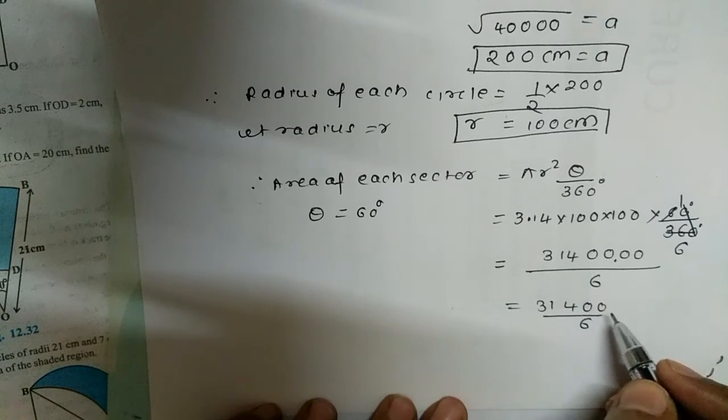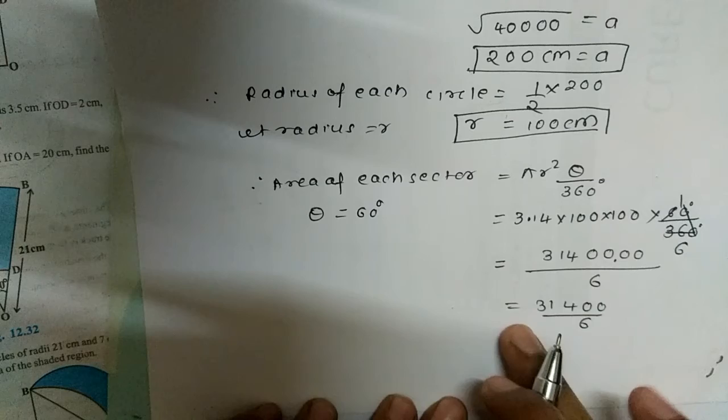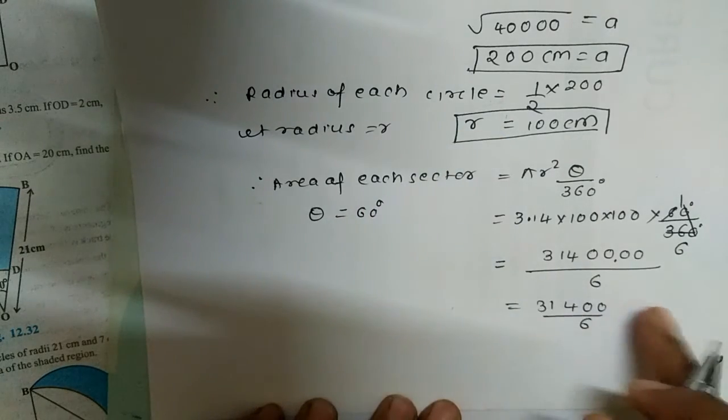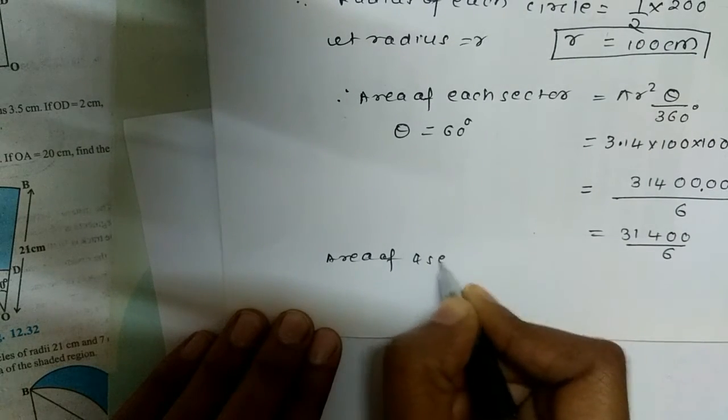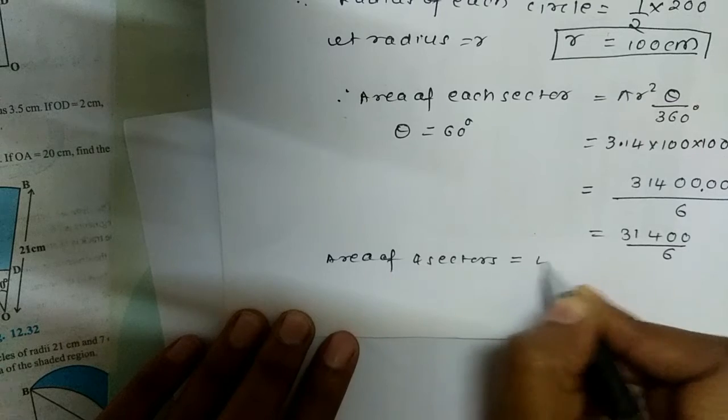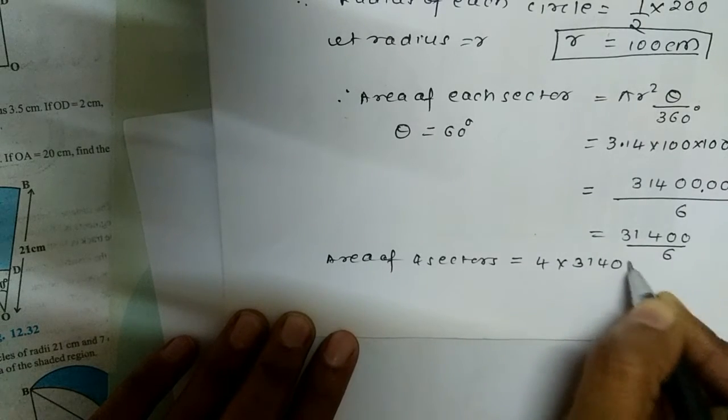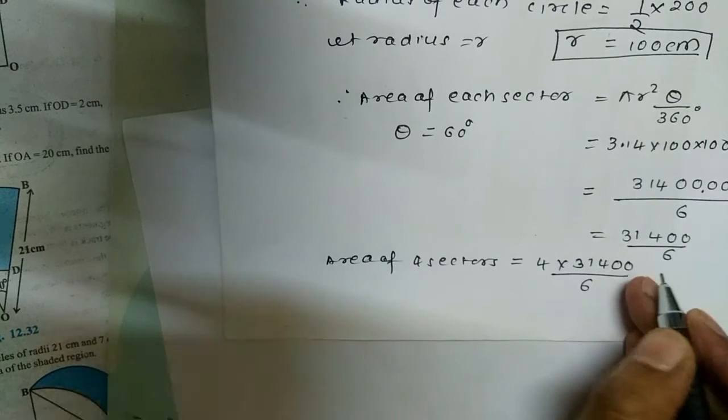Now I will not find the answer in decimals because I need to multiply. This is the area of one sector. I will need to multiply with this 3. So area of 3 sectors equals 3 into 31400 upon 6.